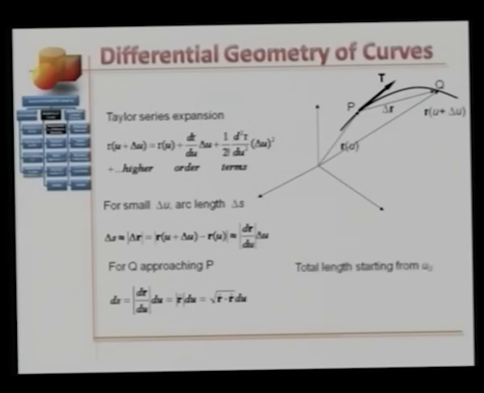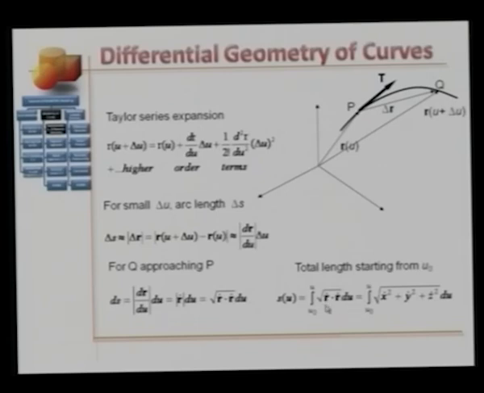Now, if we wish to compute the total arc length from, let's say, a point P at which the parameter value is u sub 0 to a point Q at which the parameter value is, say, u, then the total arc length is given by s of u, which is equal to the integration from u sub 0 to u of ds, which is the square root of r dot dotted with r dot times du.